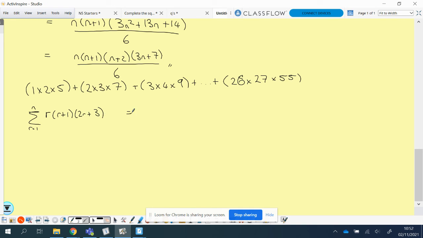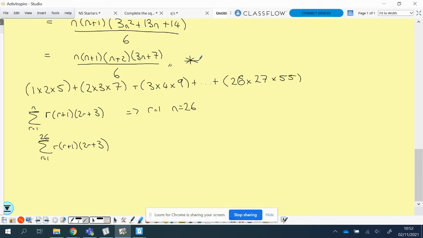So r would begin at 1, and n would be 26 here. So that would be the sum, r equals 1 to 26, of r bracket r plus 1 to r plus 3. Now we worked out the evaluation of this when n was just n.